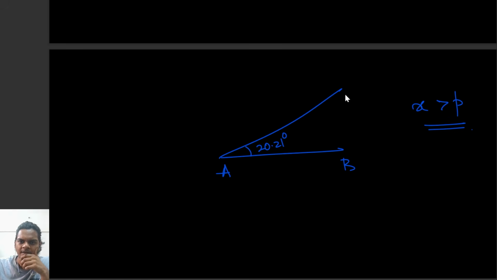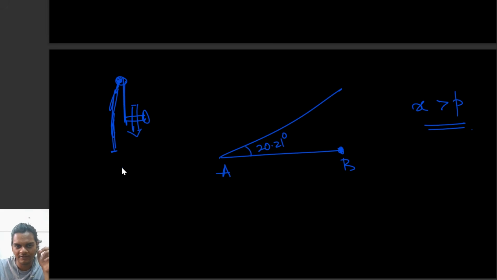What happens? If x is greater than P, you see, if you take a, what is that called? It's called a compass, I think. It looks something like this. It will carry your pencil or pen here, and then it will have a long needle kind of thing. With this, you put the needle here and you measure x on this, and if you cut it here, you'll see that you will be able to cut it twice.